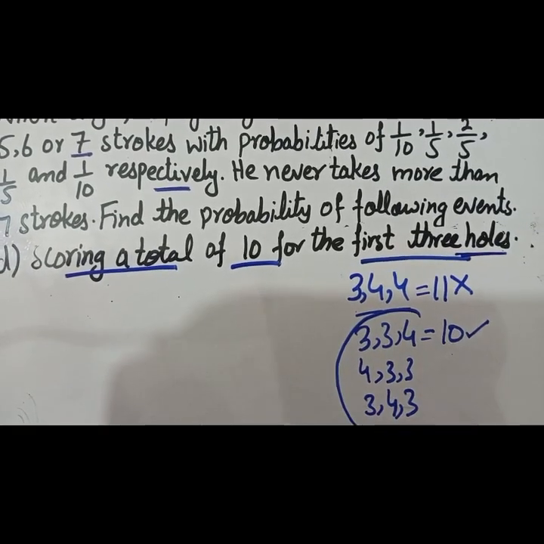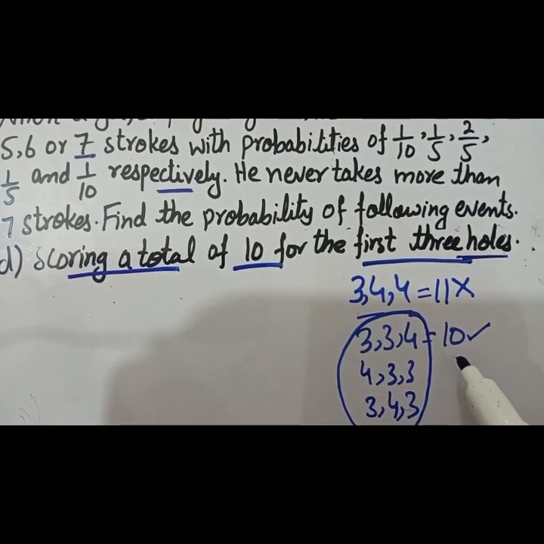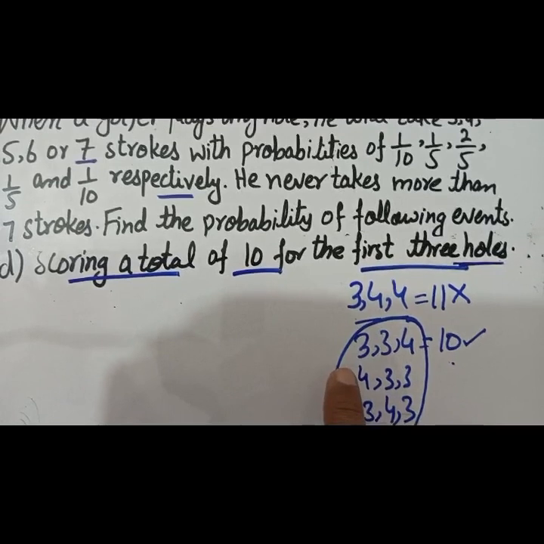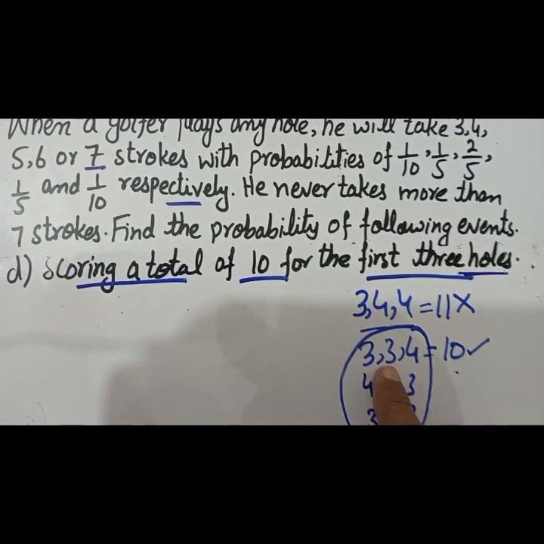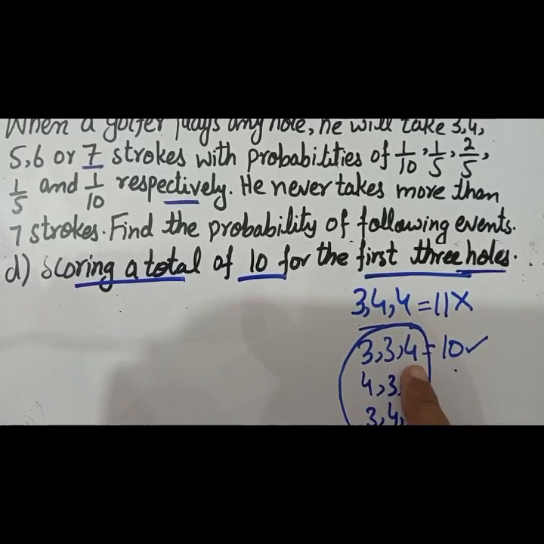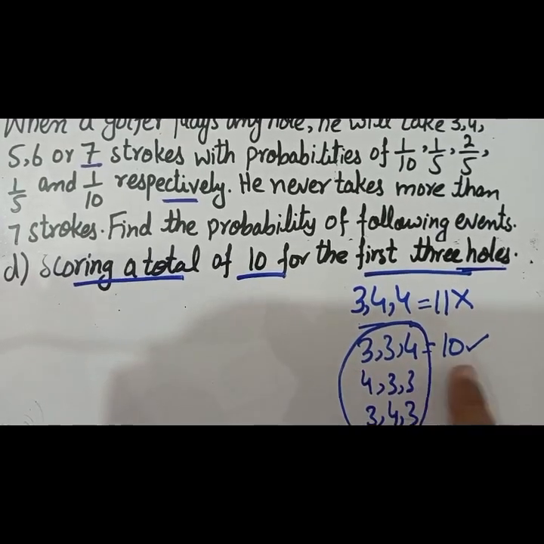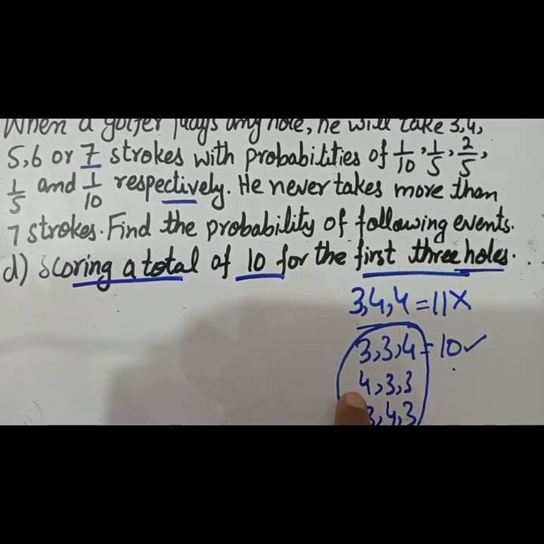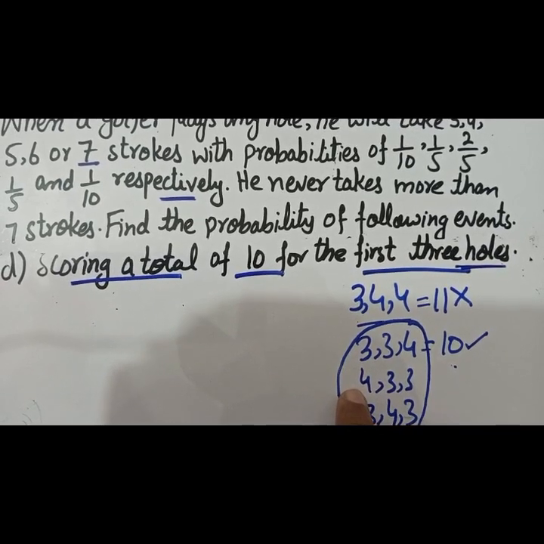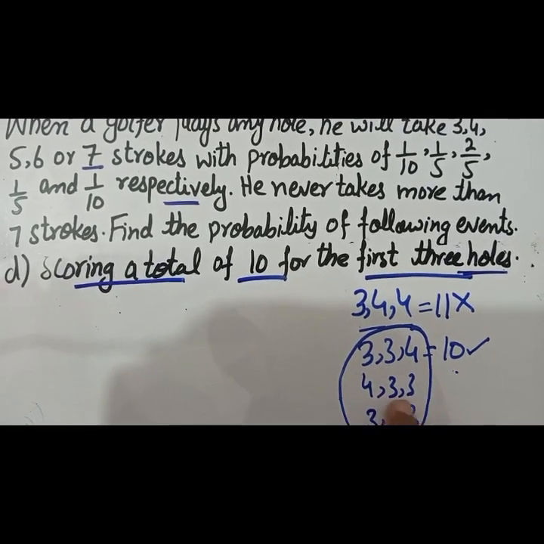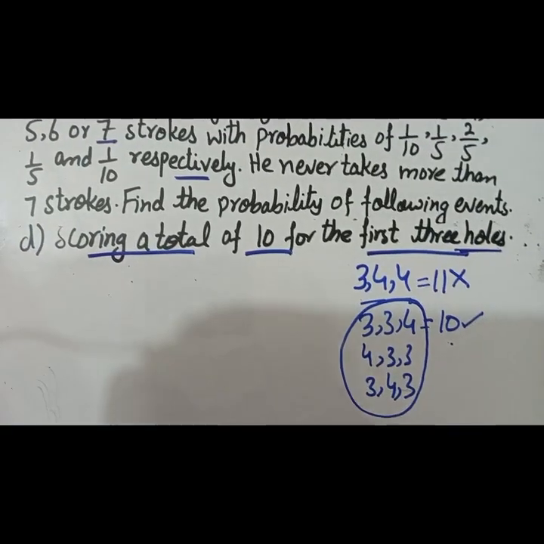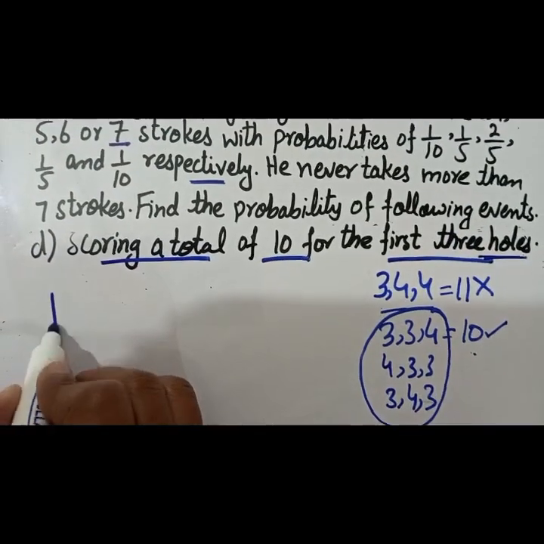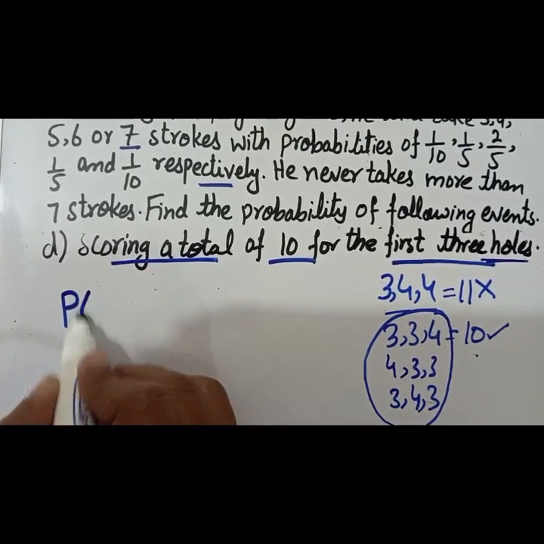These all possibilities will give us a total of 10. It means if we have 3 strokes at the first hole, 3 strokes at the second hole, 4 strokes at the third hole, we will get 10. Similarly, if we get 4 strokes at the first hole, and the rest of the two places give us 3, even then we will get a total of 10.